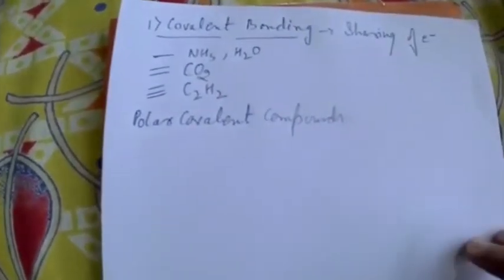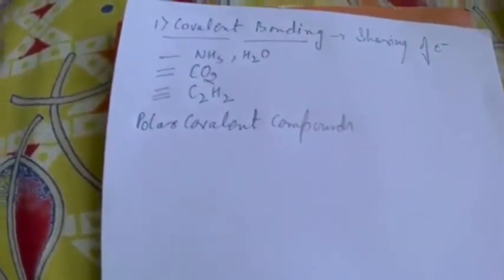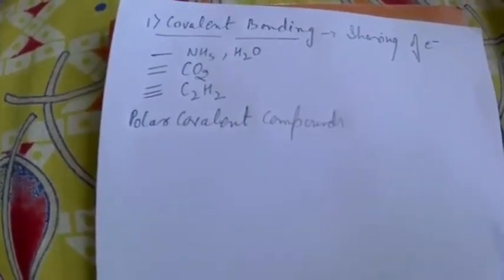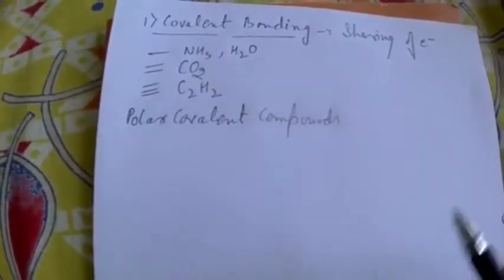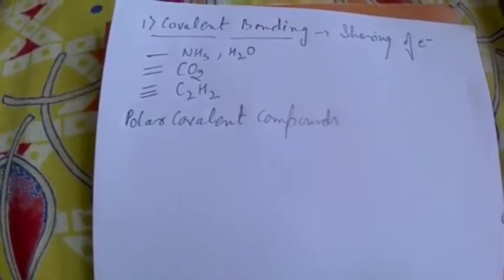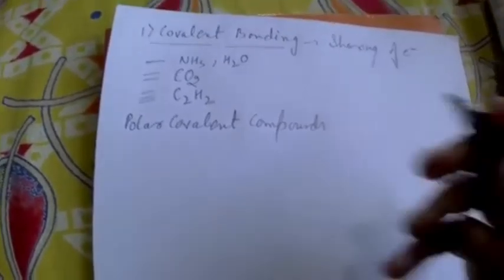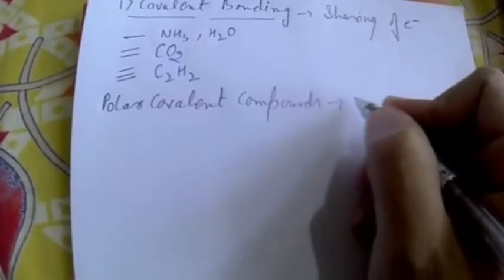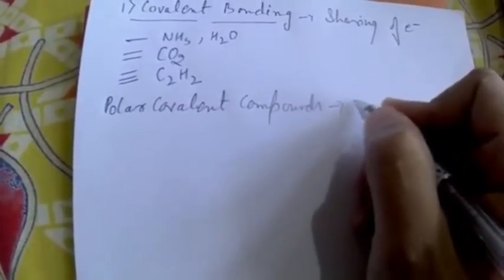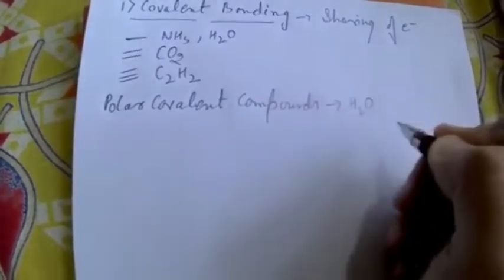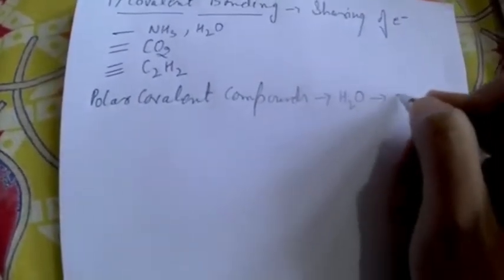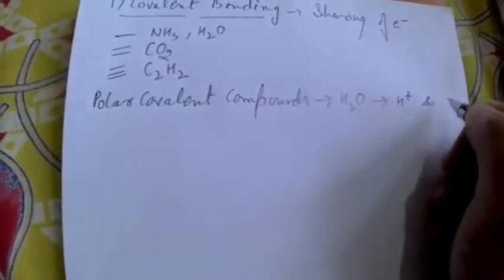In polar covalent compounds, we can say that those covalent compounds which can conduct electricity are called polar covalent compounds. Understood? I think it is very simple. For example, our main example is H2O, right? Because it can be broken into H positive and OH negative.